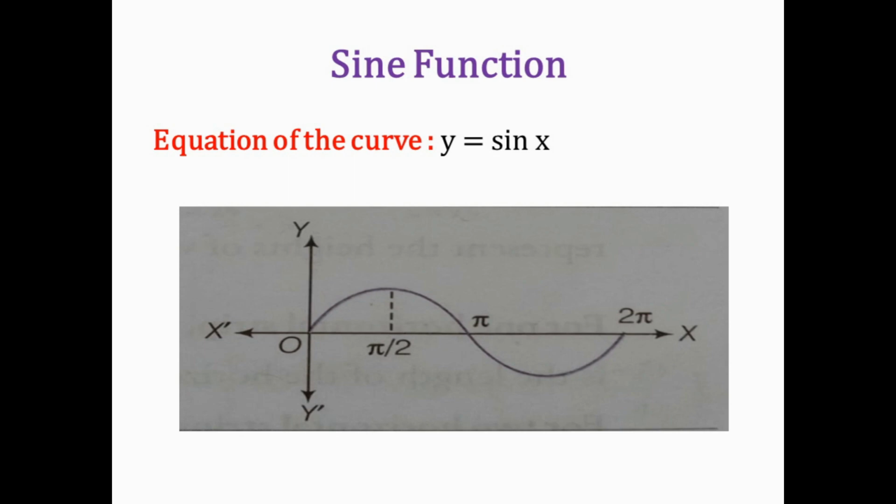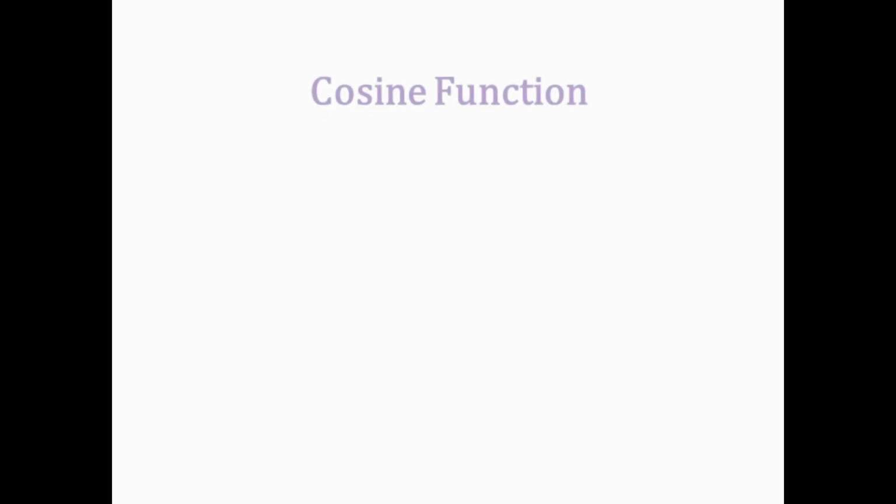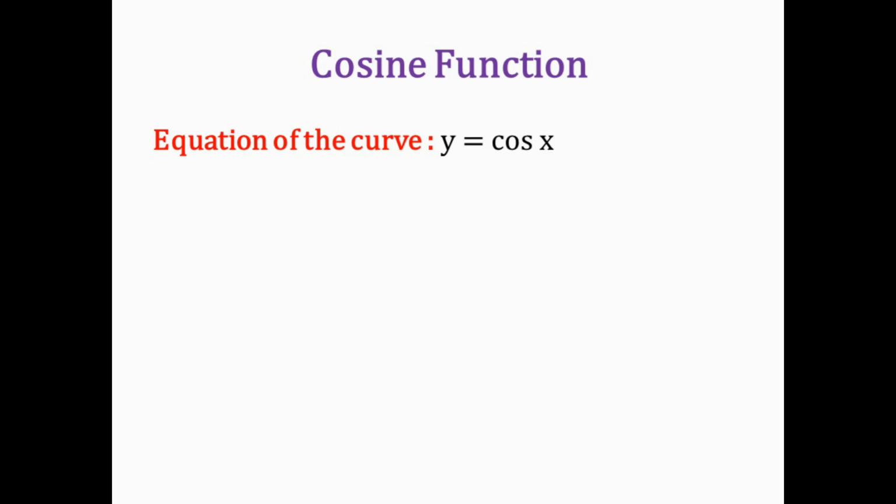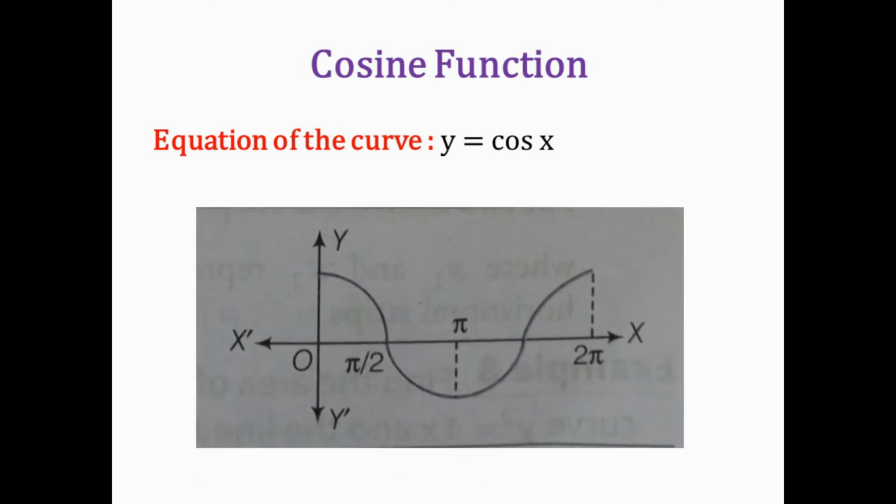Next comes cosine function, and the equation is y is equal to cos x. For sine function, the graph starts from origin, but for cos function, the graph starts from y-axis. It starts from y-axis, it goes below x-axis, again comes above x-axis. So this is how you have to draw cosine function in the graph.